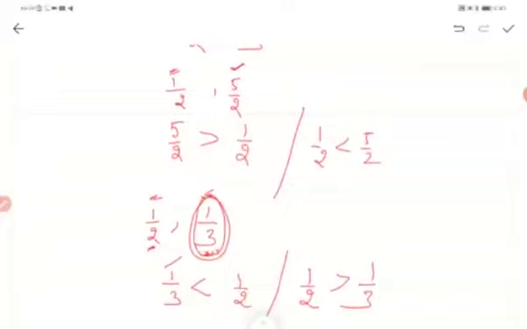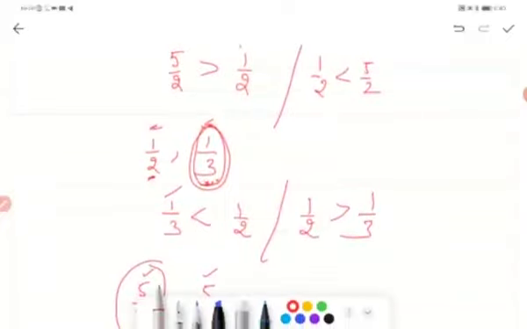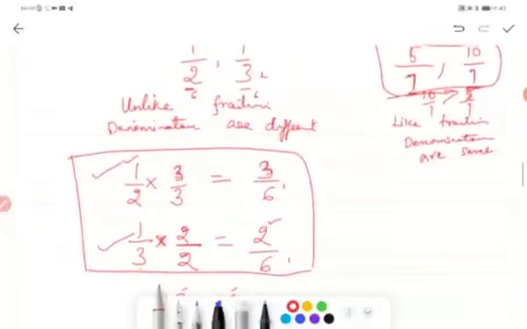This is how you do it whenever you have like fractions. This is also called a like fraction because your numerators are the same.